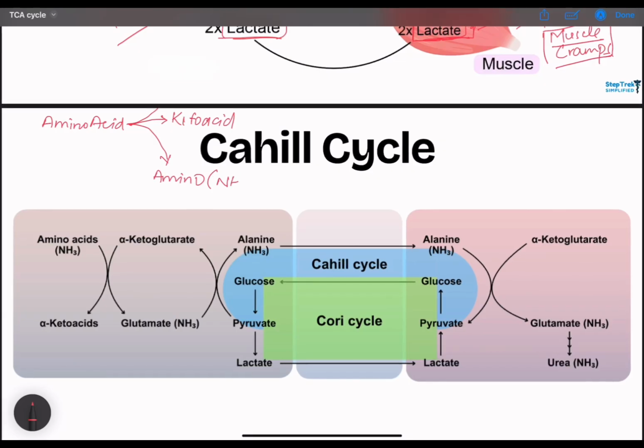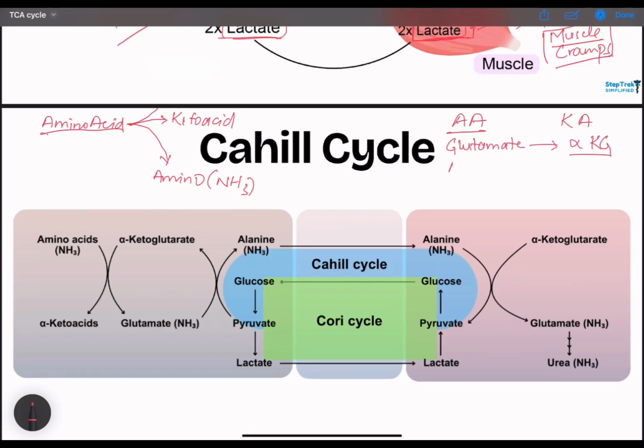Examples of amino acids and their respective keto acids: when the amino acid glutamate loses an amino group, it is converted into alpha ketoglutarate. So alpha ketoglutarate is the keto acid of glutamate.